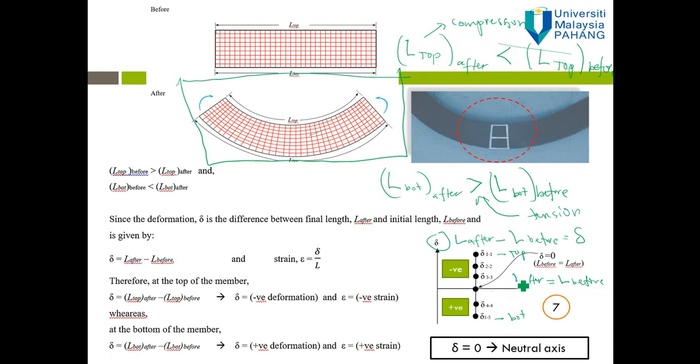Because on one side we have negative deformation and on the other side positive deformation, there must be a plane where the deformation is equal to 0. In this figure, this point is where the deformation equals 0.